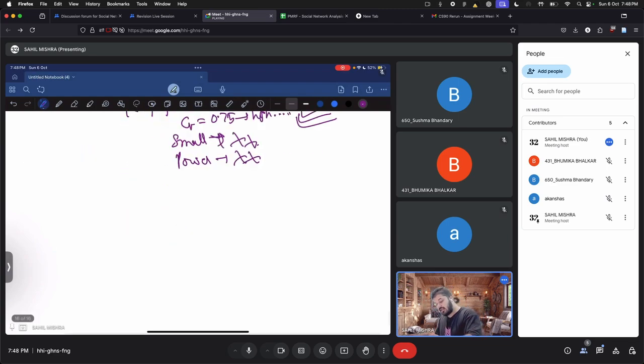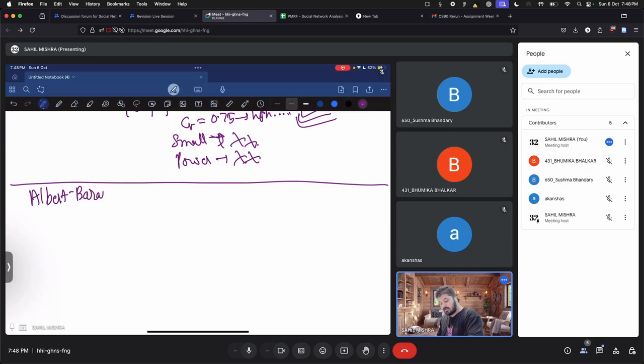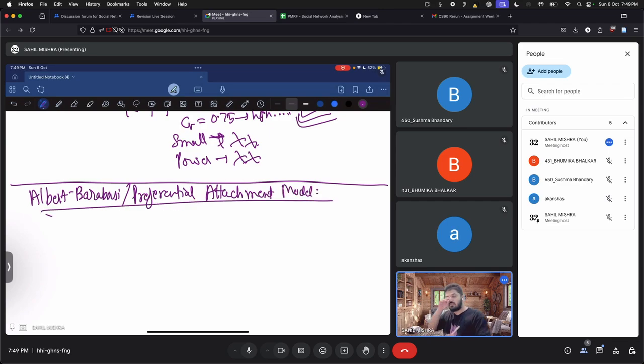Then the third and the most important model till date is Albert Barabasi, also known as the preferential attachment model.